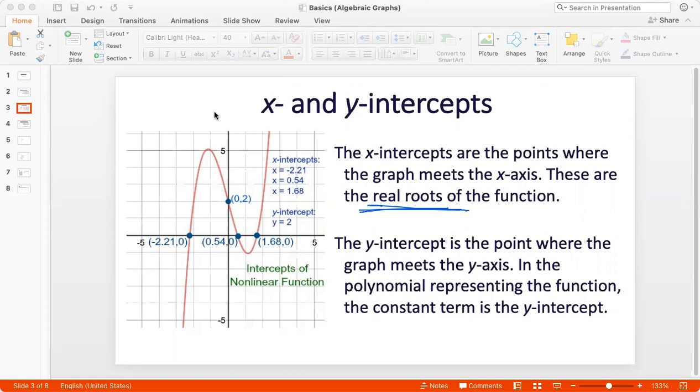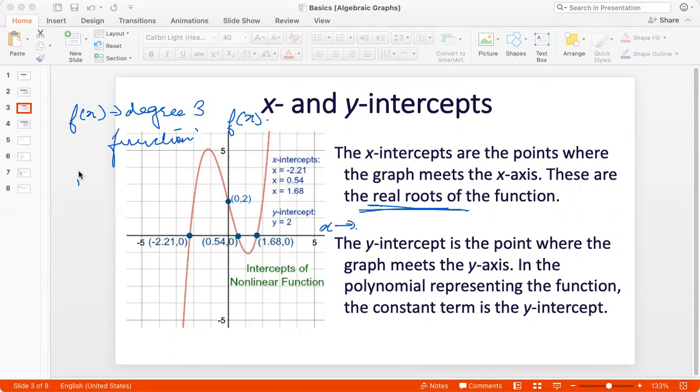So if this was f(x) and this was x, if this was a degree 3 function, I would say that all its roots are real because I can see that here the graph has 3 real roots.